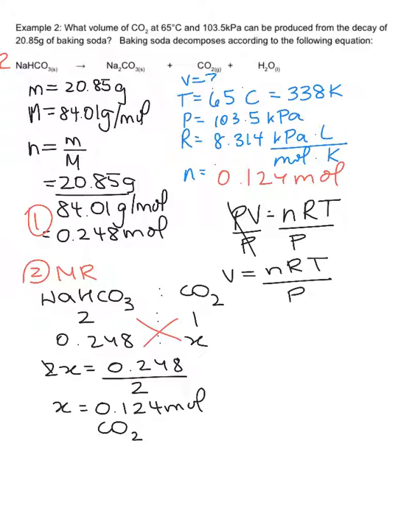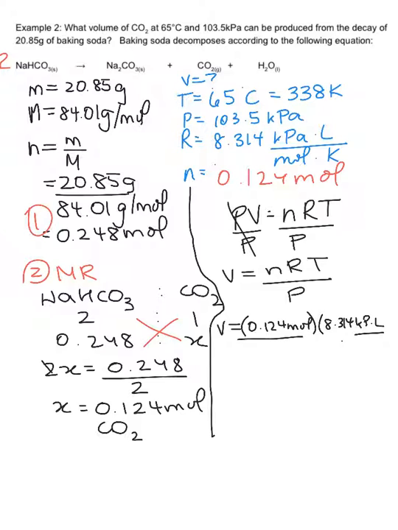So we can substitute in all of the information that we have in order to solve. So 0.124 moles, 8.314 kilopascals liter per mole Kelvin.